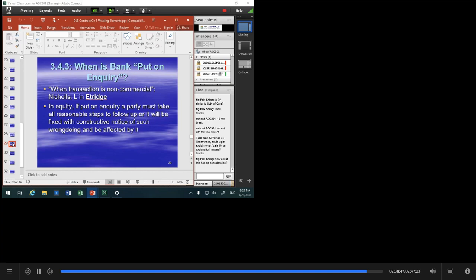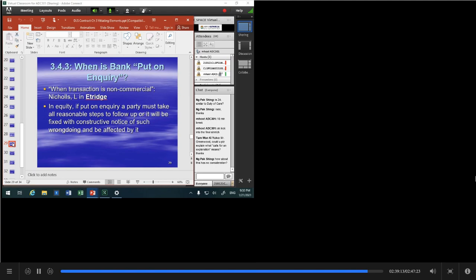And if you are put on inquiry, you better take reasonable steps to follow up. Otherwise, you will be fixed with constructive notice of any such wrongdoing, and that will affect your contract with the weaker party. Now, what these steps will be, basically, is to make sure that the weaker party is given independent legal advice. That's what you do.